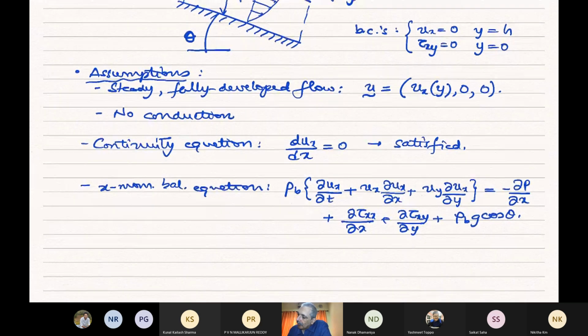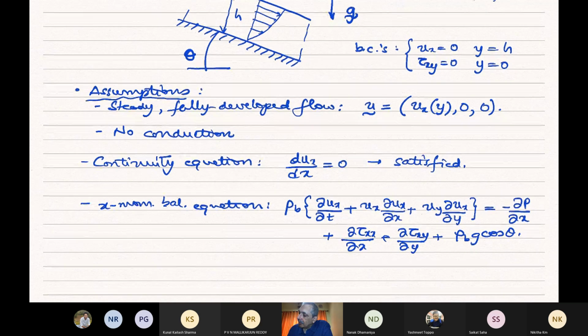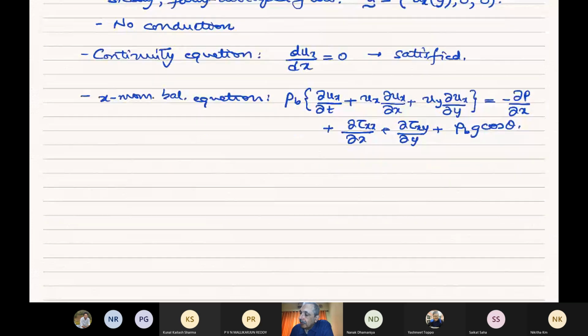So the left hand side is the inertial terms, and then the pressure and the stress terms, and then the gravity. See, gravity is acting in the y direction. That's why this is a positive term there. And you have to take cos of theta into account. If theta had been 0, then gravity would be acting in the y direction. But since theta is not 0, some component is acting in the y direction.